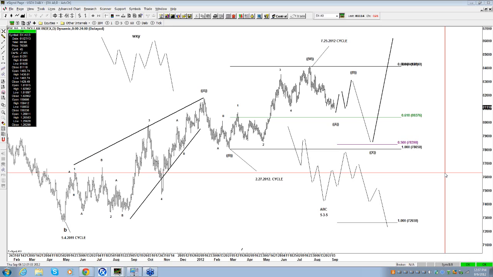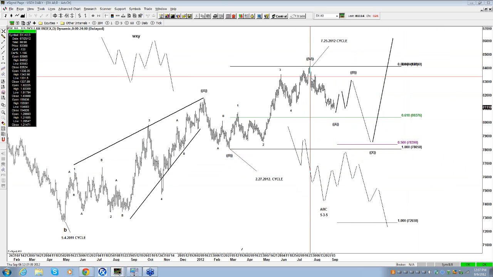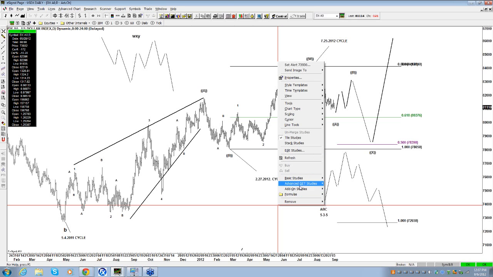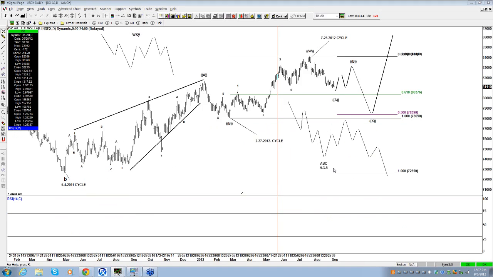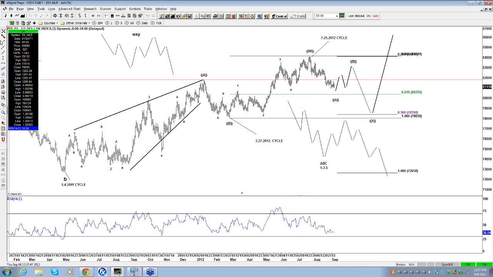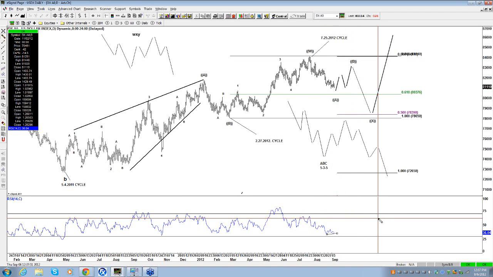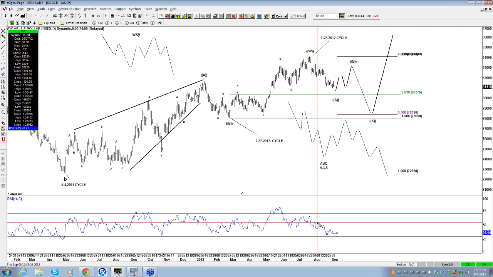The structure from here has separation, and the other side is showing divergence. I know I've said this several times, but this RSI is showing divergence from there, and from this high is an impulse.